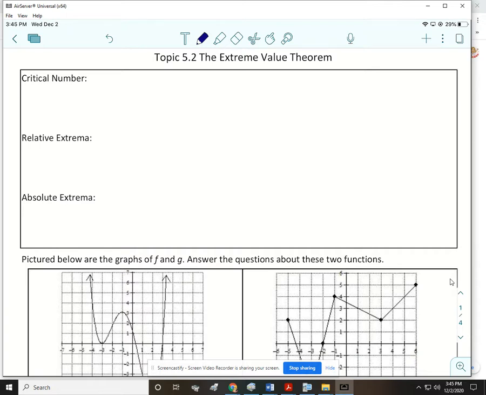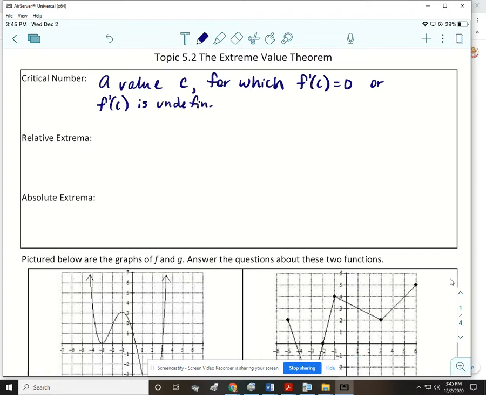And a critical number is a value C for which f prime of C equals 0 or f prime of C is undefined. So the derivative is 0 when you plug C in, or the derivative is undefined when you plug C in.